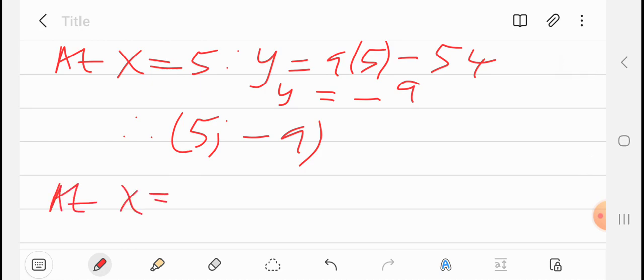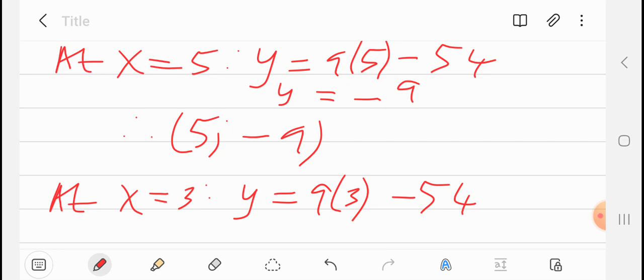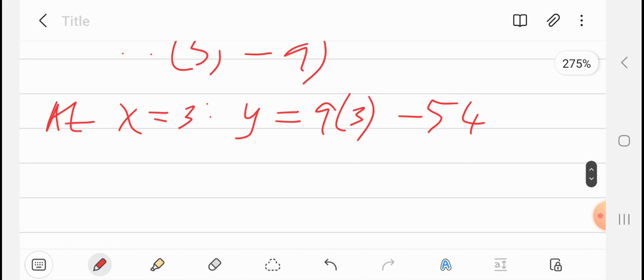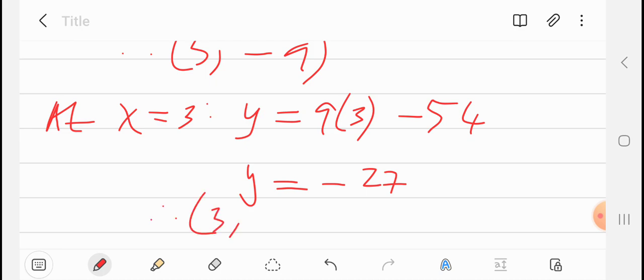At x equals 3, y equals 9 times 3 minus 54, and this gives us 27 minus 54, which is minus 27. So x is 3 and y is minus 27.